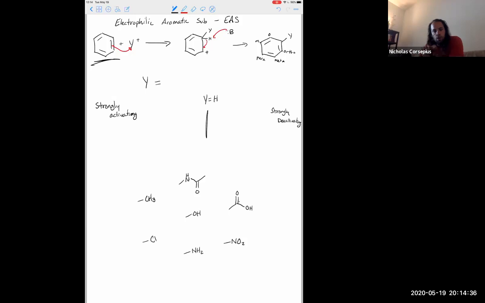All right, and then once you've ordered them along this little continuum here, go through and indicate which ones are going to be ortho-para directing and which ones are going to be meta directing.